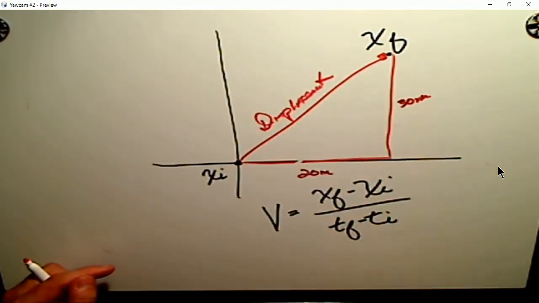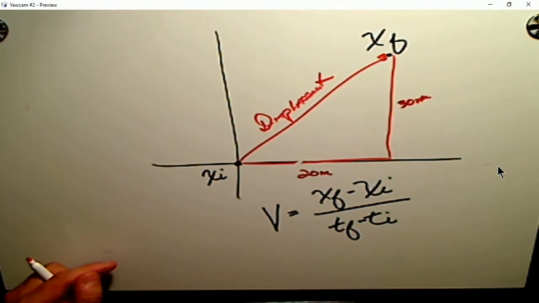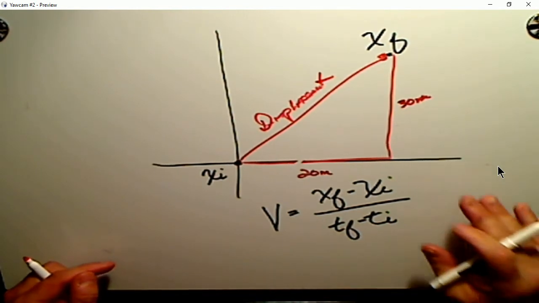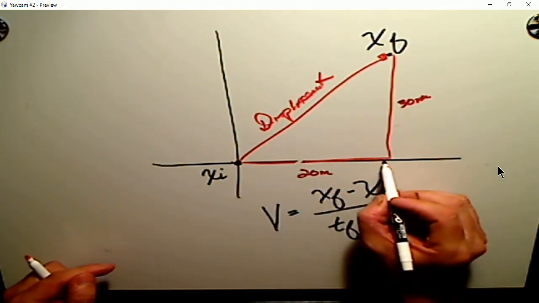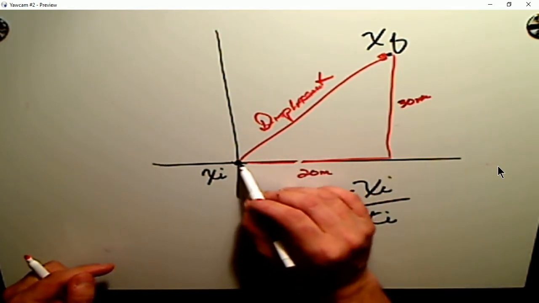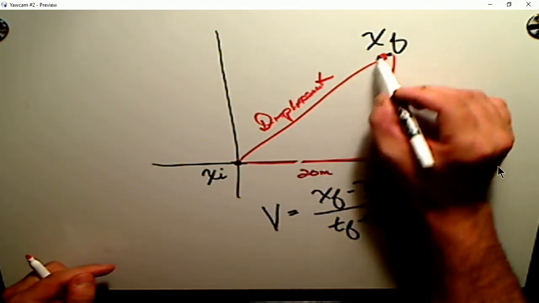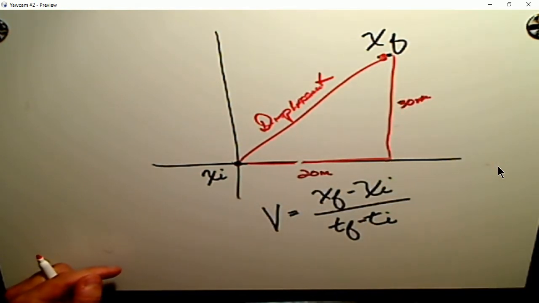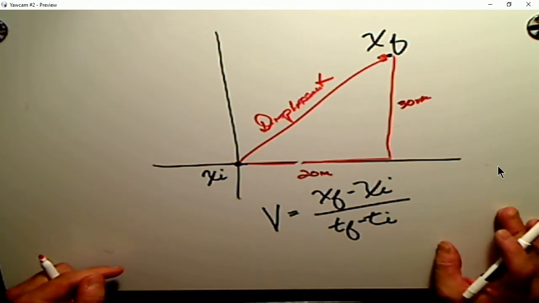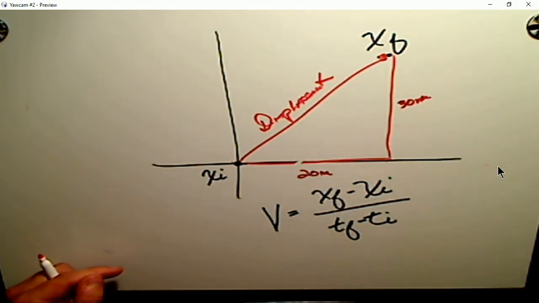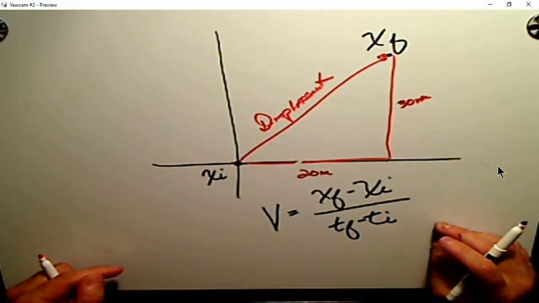We'll talk a little bit about the geometry and trig in the next topic. This is a distance, and this is also a distance if I'm not talking about the angle. Again, a scalar in terms of speed and velocity.